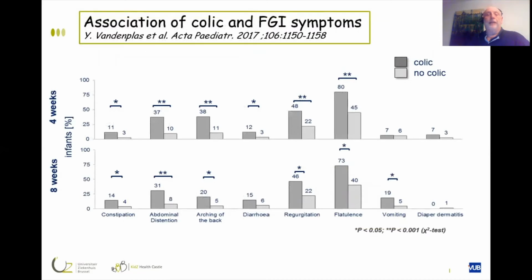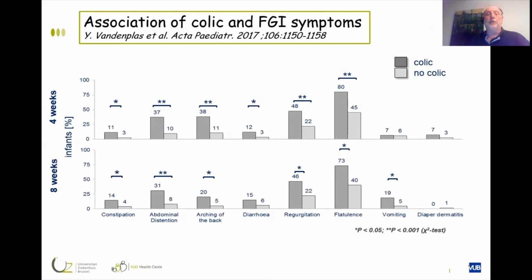And whenever we discuss functional gastrointestinal disorders, we discuss them separately. But in fact, in daily practice, they often occur combined. This slide illustrates the incidence of different functional gastrointestinal disorders in infants with colic in dark gray or in infants without colic in light gray at the age of 4 weeks or at the age of 8 weeks.